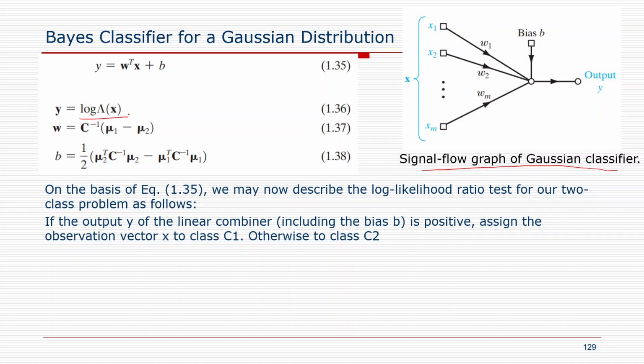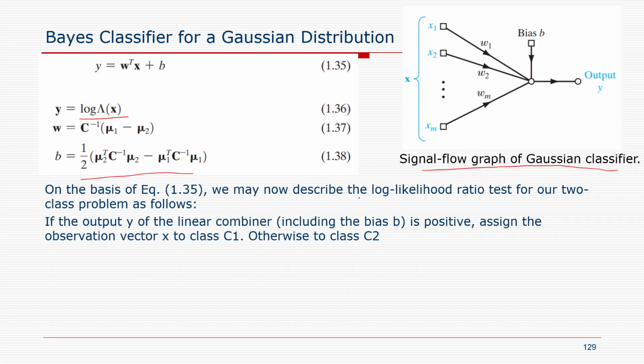Y here is log lambda of x, and the weight matrix is C inverse mu1 minus mu2. Bias term is 1 by 2 mu2 transpose C inverse mu2 minus mu1 transpose C inverse mu1.